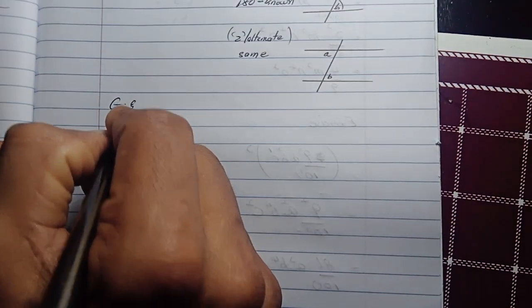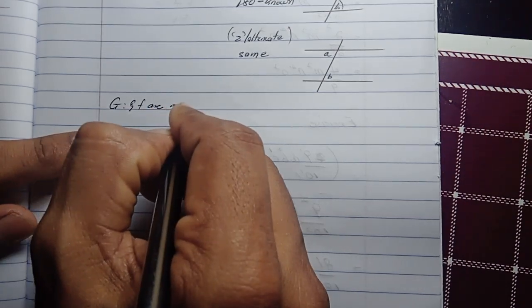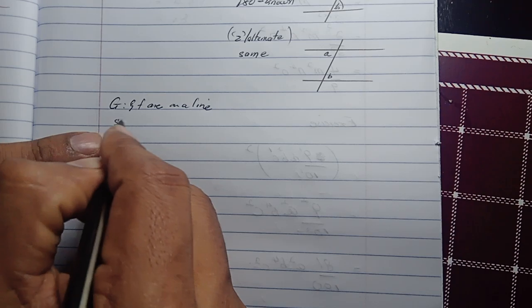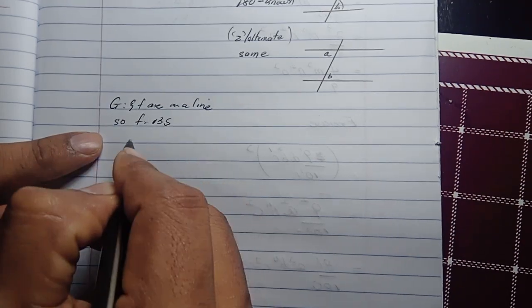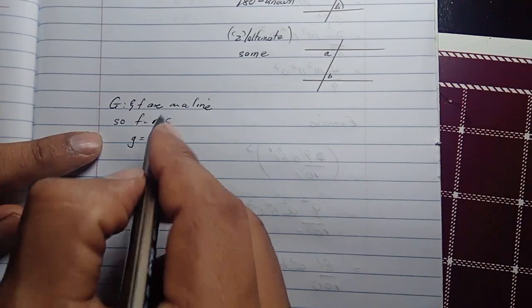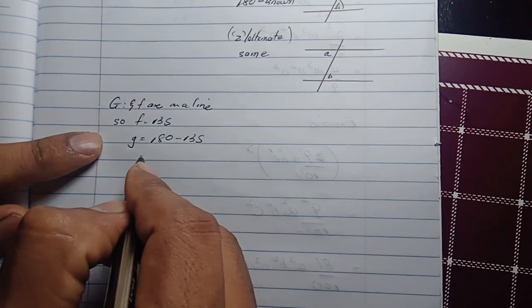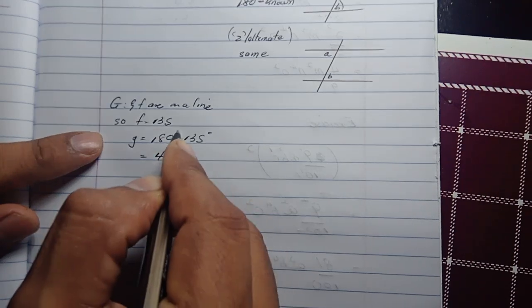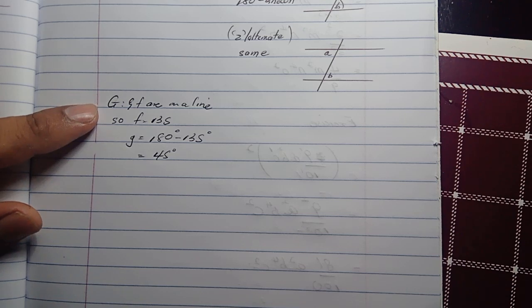G and F are on a line. F is equal to 135. G is going to be 180 take away 135, which is equal to 45. All of this is in degrees. So we found G.